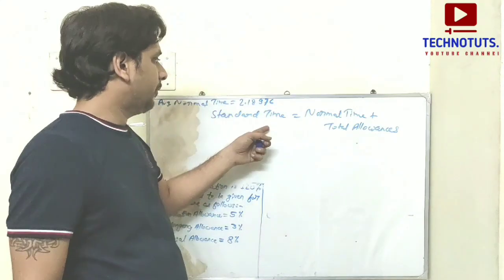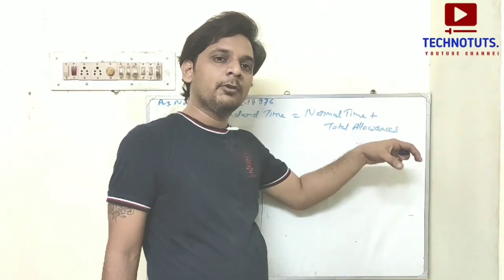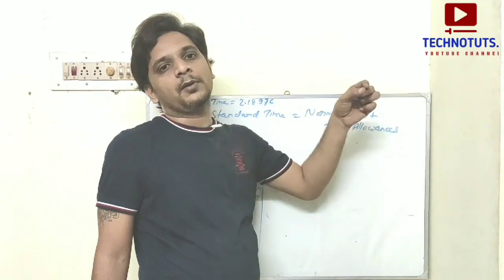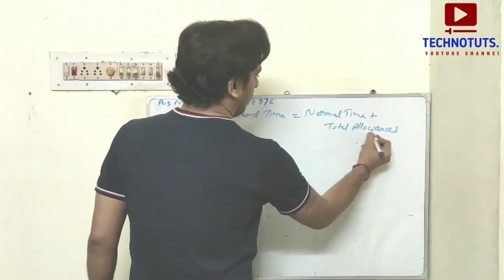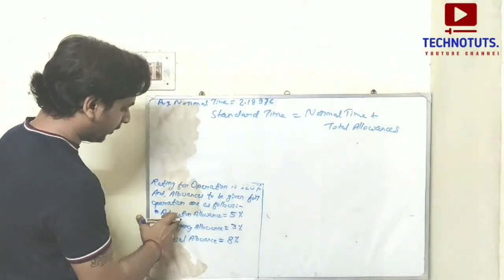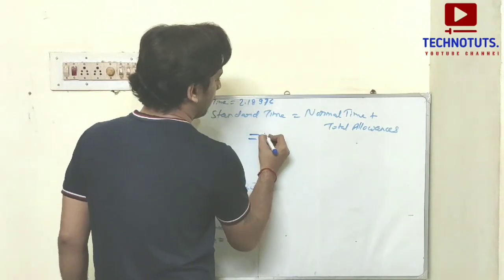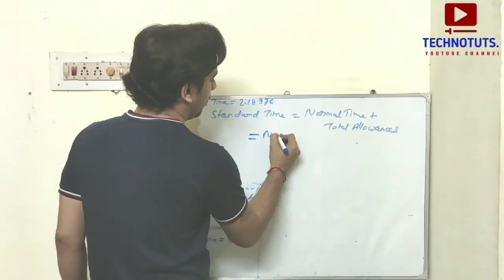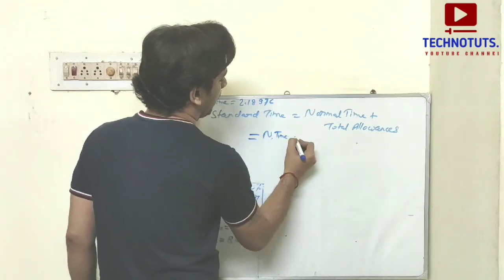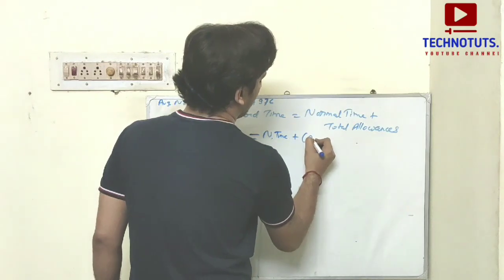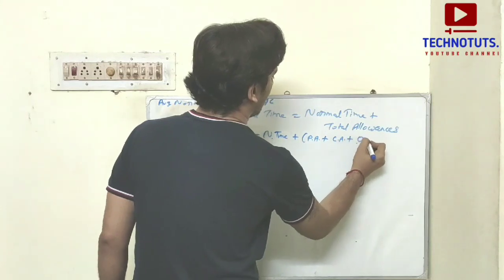When we are calculating standard time, some percentage will be given, and the allowance will be that percentage multiplied by normal time. Total allowance will be equal to the sum of the relaxation, contingency and special allowances. So the standard time is equal to normal time plus personal allowance plus contingency allowance plus other allowances.